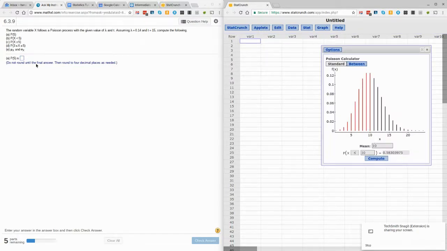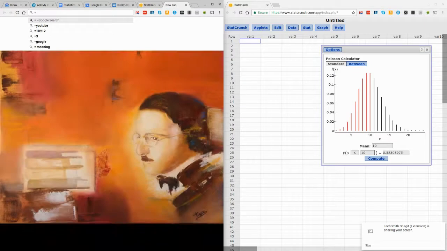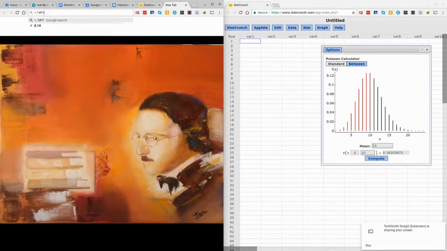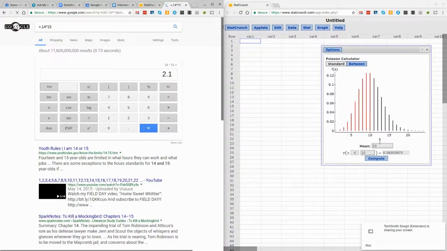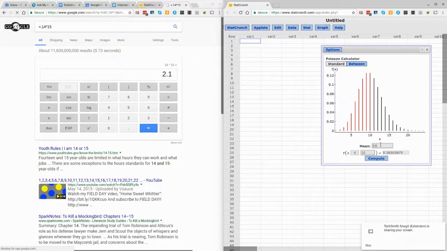You have to give the mean in order to use the calculator, but it's the lambda times the t, so 0.14 times 15, which gives us 2.1.